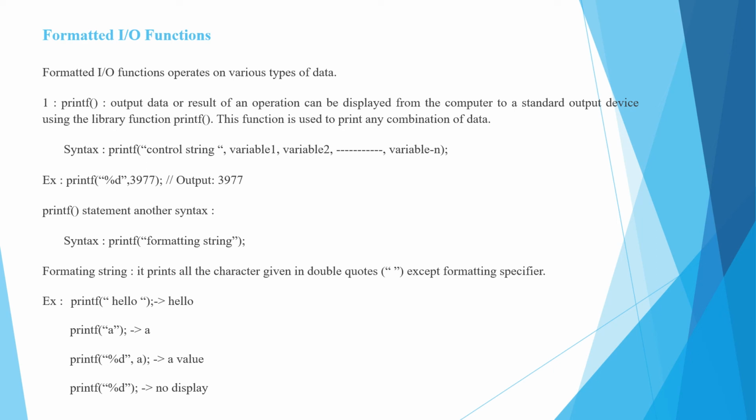Some examples for the printf statement are printf hello, printf a, printf percentage d and a, and printf percentage b. The first example prints the statement hello. The second statement prints a. The third prints a value, and the fourth example prints nothing.